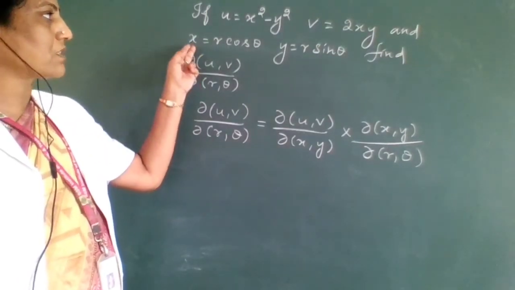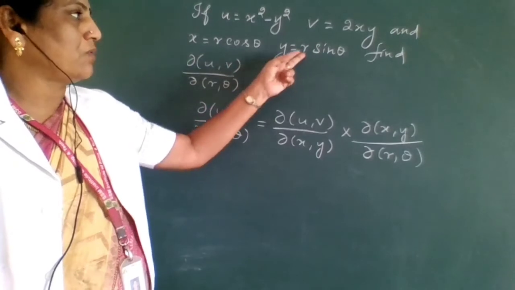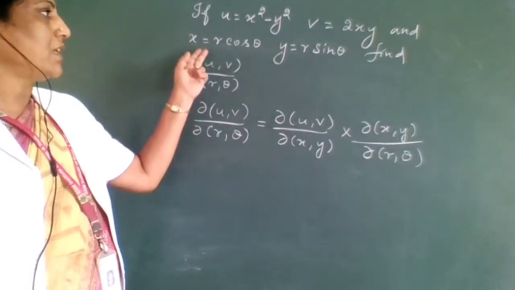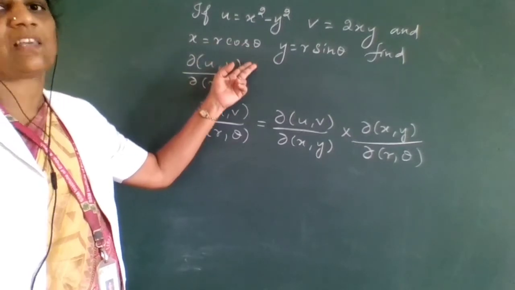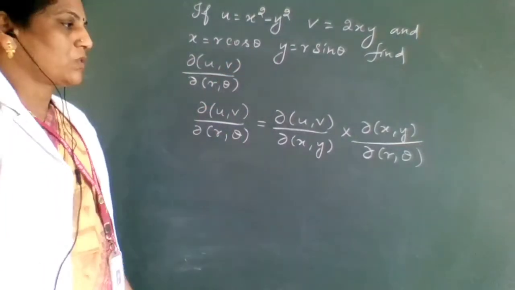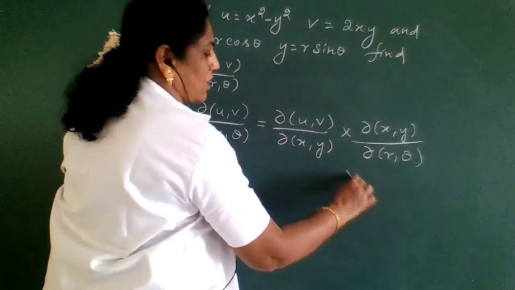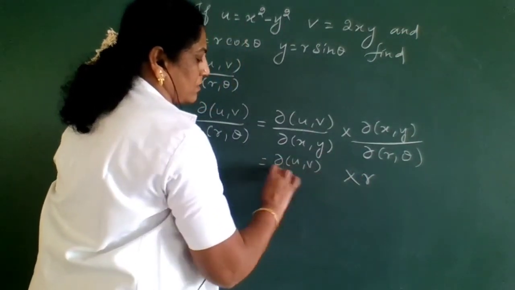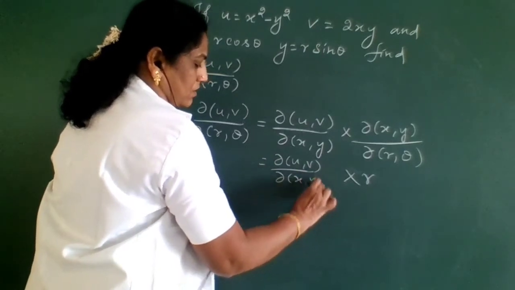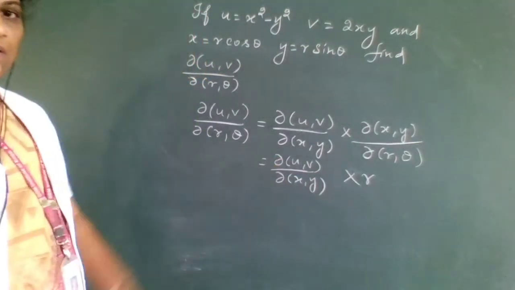Already we have x equals r cos θ, y equals r sin θ. Then the Jacobian ∂(x,y)/∂(r,θ) equals r. So this value is equal to r. We already saw this in the first problem.